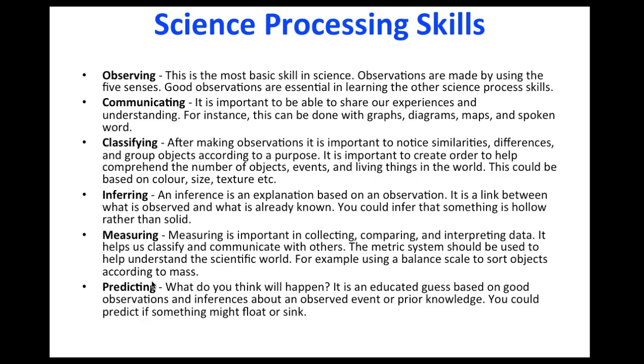So after you make your observations, it's important to notice similarities, differences, and group objects according to purpose. You can do it according to size, shape, weight. So it's important to create order to help understand the number of objects, events, and living things in the world. So this could be based on size, colour, texture, etc.